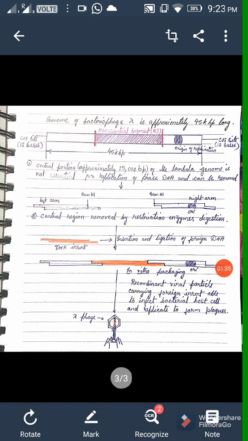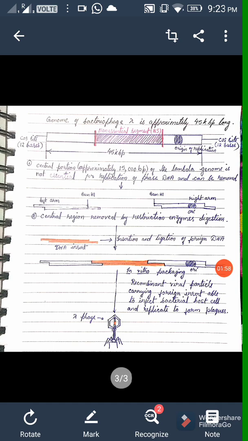The genome is around 45 kilobase pairs. Now the central portion, approximately 15,000 base pairs, that means 15 kilobase pairs of this lambda genome, is not essential for replication of the phage DNA. That is why it can be removed.